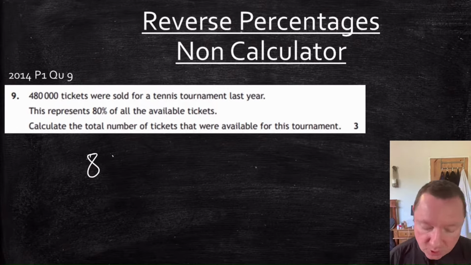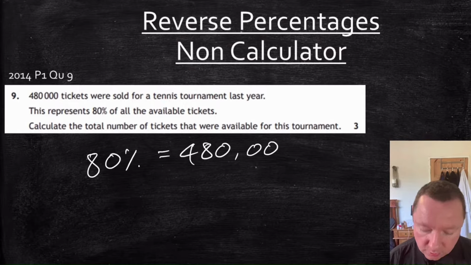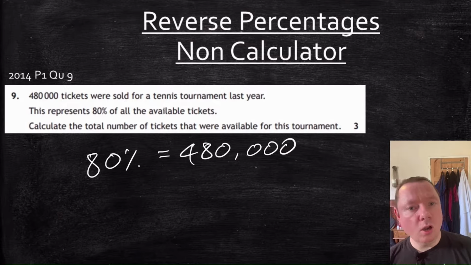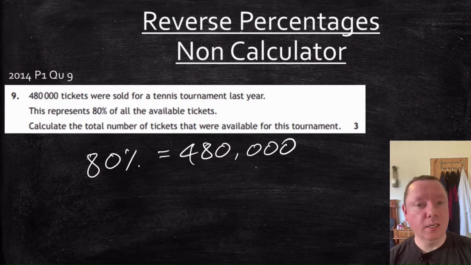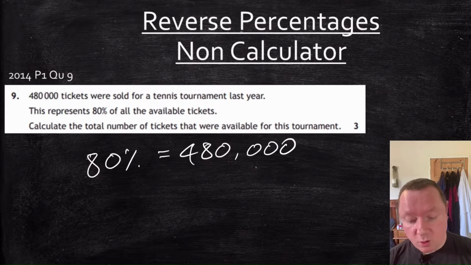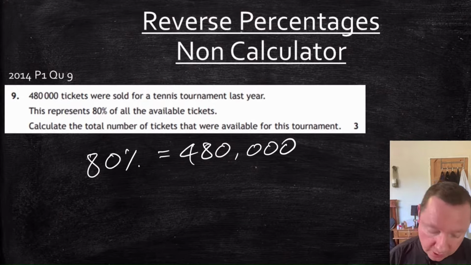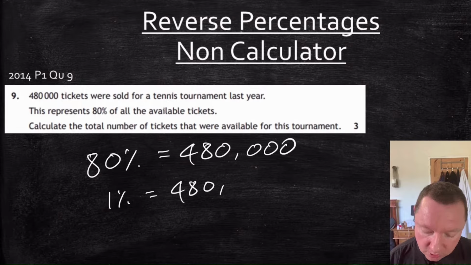I know that 80% represents 480,000, and I want to know what 100% is going to be. So I need to get down to 1% maybe, or 10%, and then back up to 100%. In this case, I can see that 80 does go into 480,000, so I'll find 1% by dividing by 80. 480,000 divided by 80.